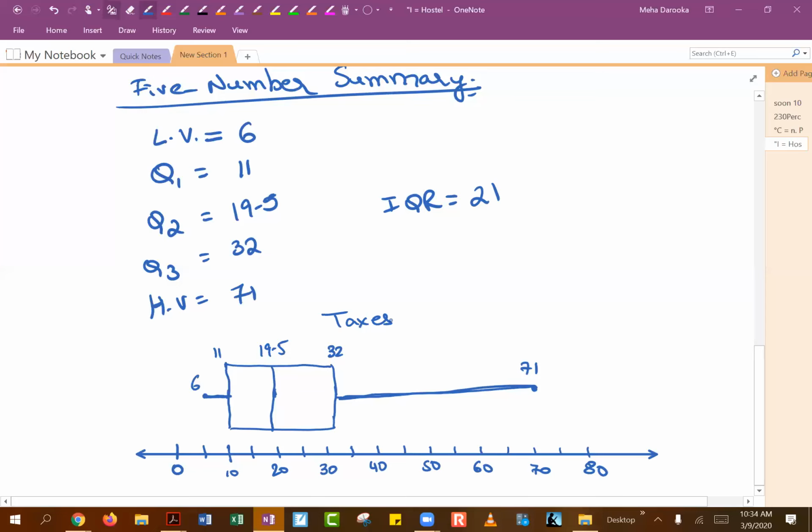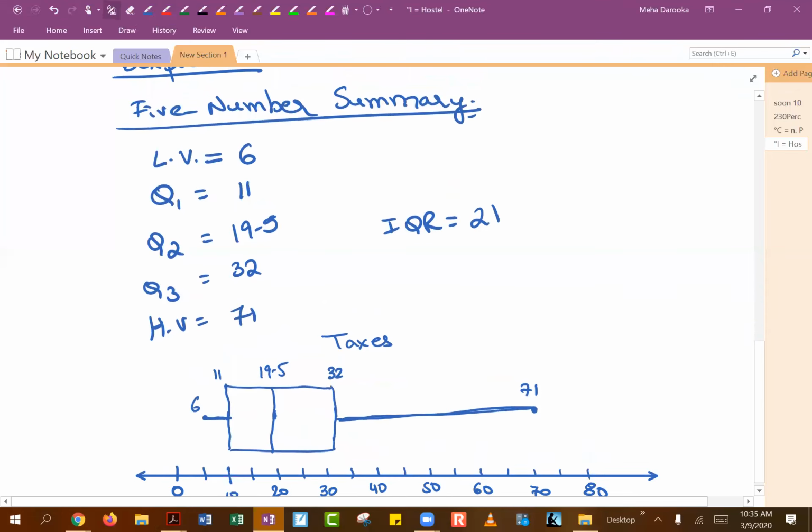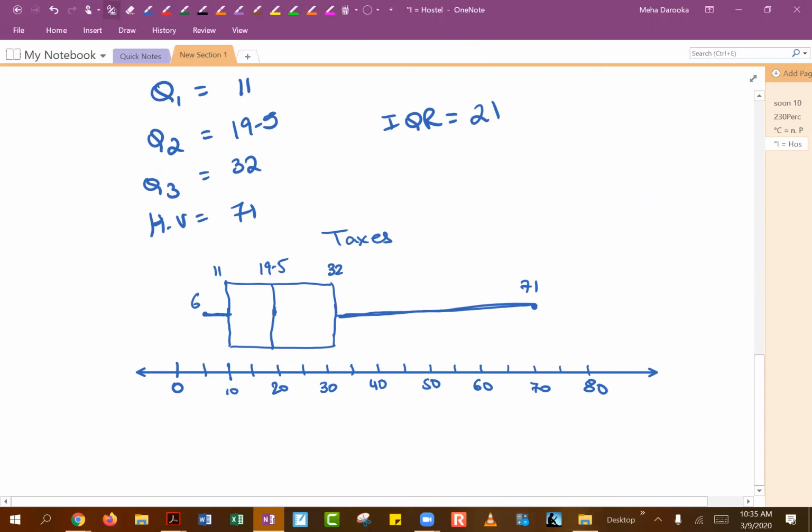So give your boxplot a title. Yes. So wasn't the values in billions? Do we have to mention that on the graph in some way? That may actually not be a bad idea because this is in millions of dollars. I don't know, maybe somewhere along your horizontal axis.